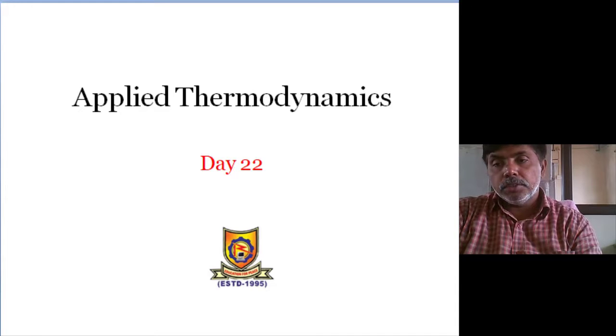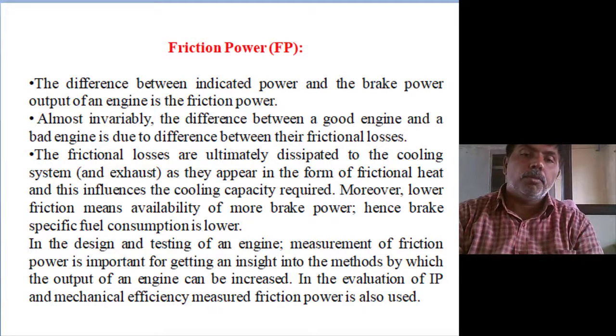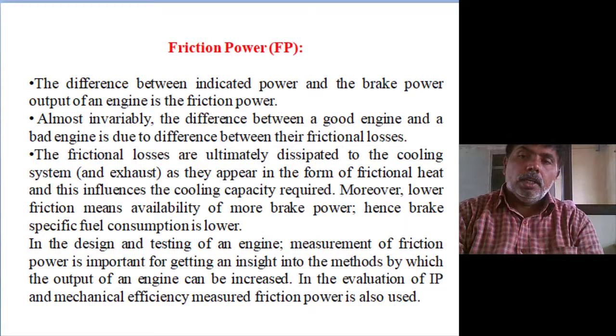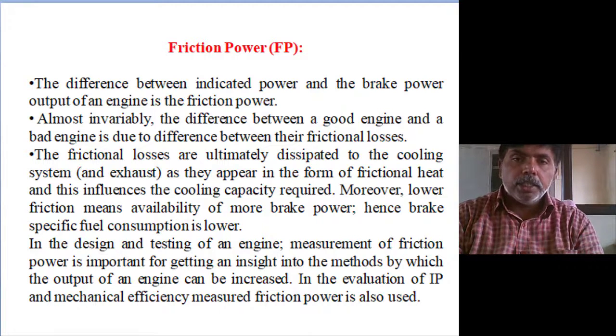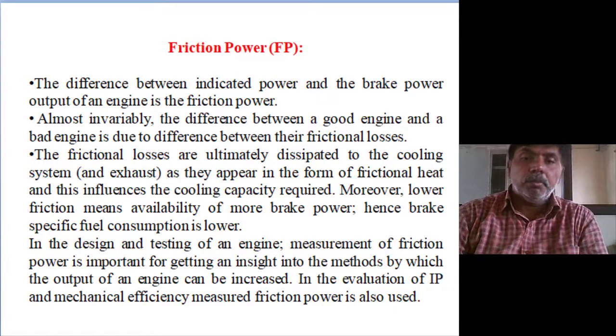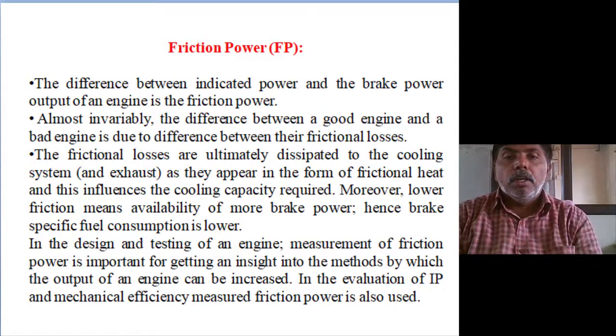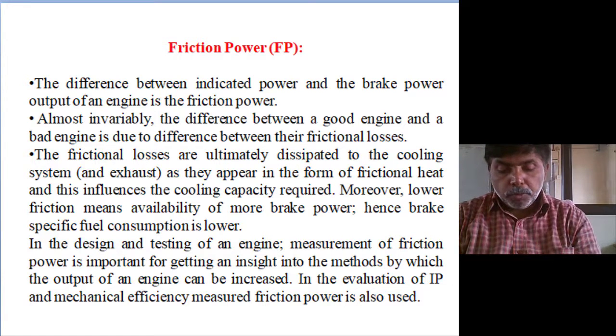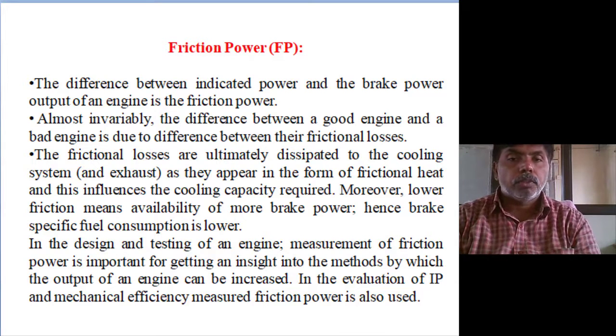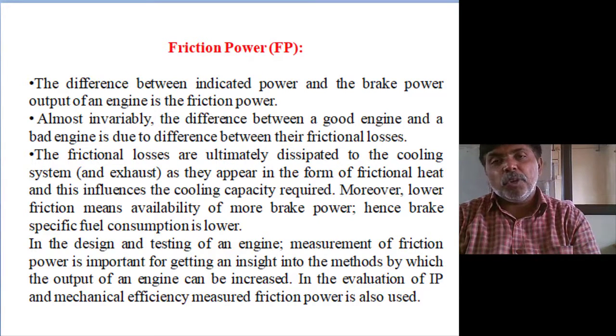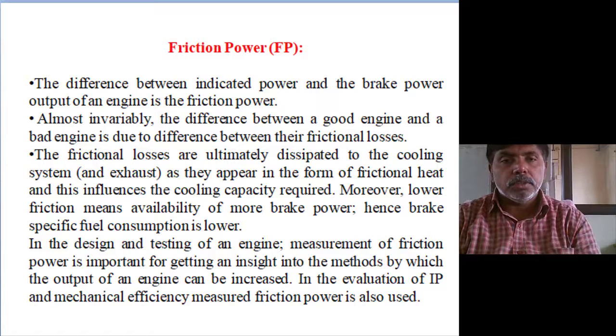Next, in today's class we will discuss frictional power. Why? Because I want to determine the indicated power, brake power and friction power. Friction power means the difference between indicated power and brake power, and friction power is almost invariable.